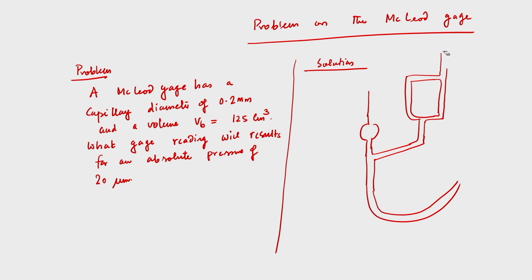This is from vacuum, this is P, and this is the closed end capillary, and this is the mercury, connected to one movable reservoir.